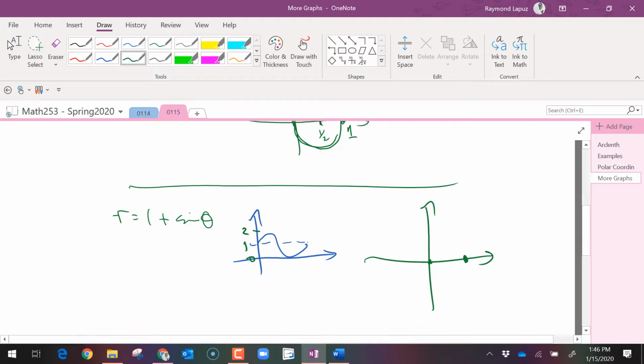Gets bigger. And then by the time it gets to pi over 2, it's 2 units away. And then by the time it gets to pi, it's at 1 again.